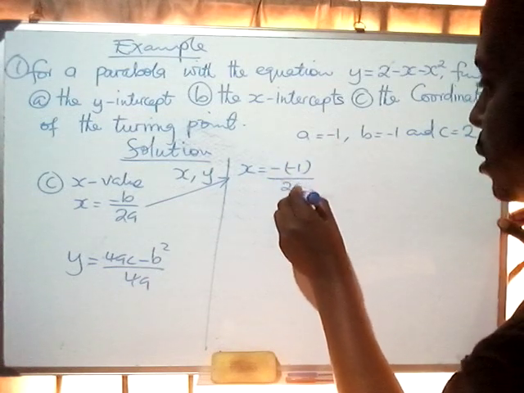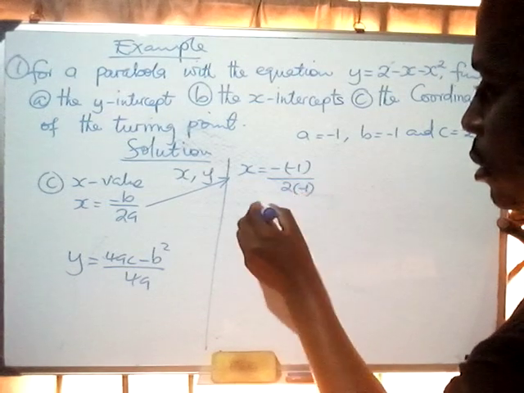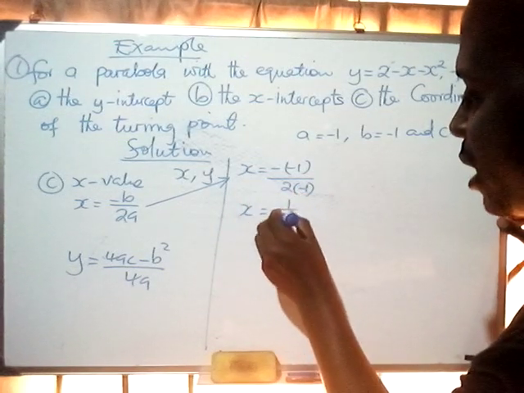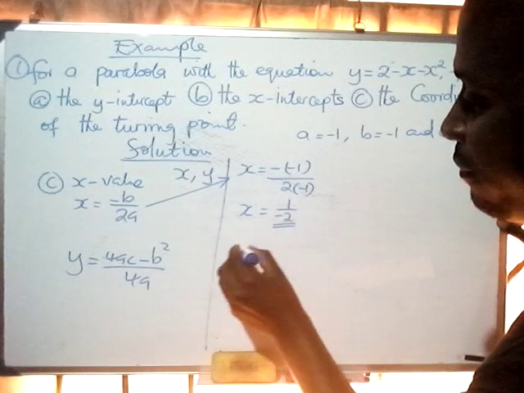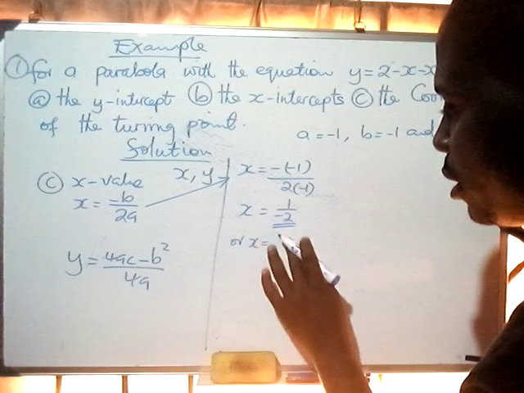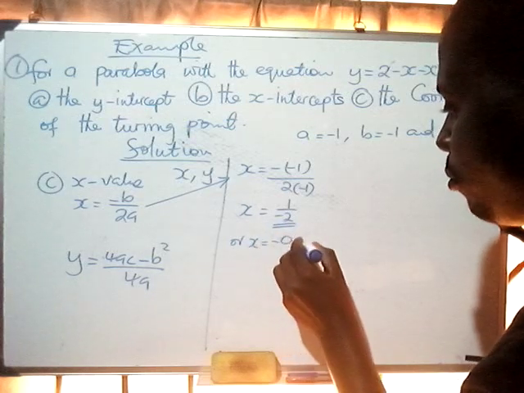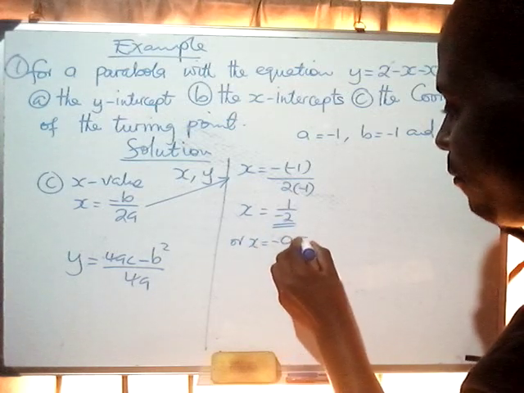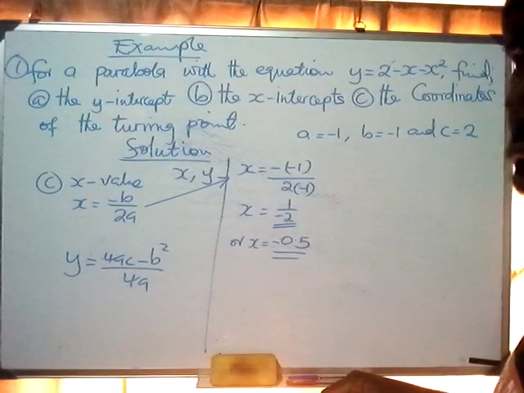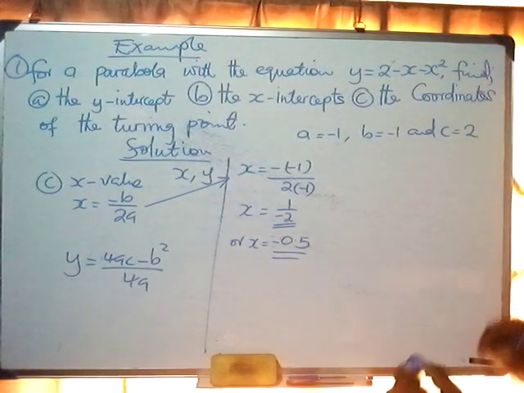Our a is -1. So x is equal to 1 over -2. This is the value of x, or x is equal to -0.5, because 2 into 1, it goes 0.5, so it will be -0.5.